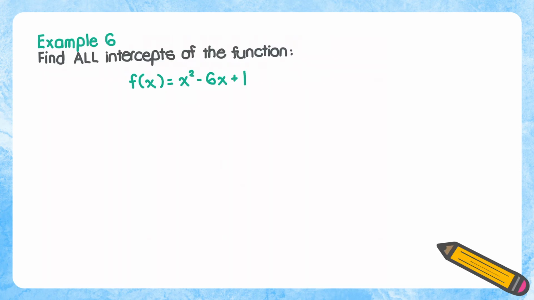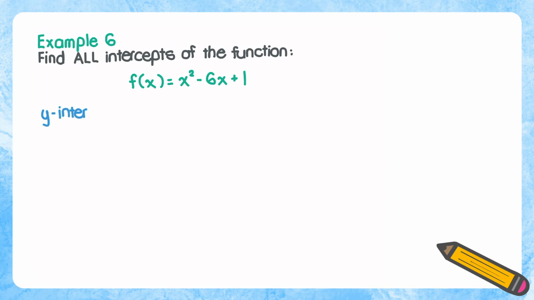Let's look at another example where we're going to use the quadratic formula. So we're going to find all intercepts of the function f of x equals x squared minus 6x plus 1. First off, let's find the y-intercept.